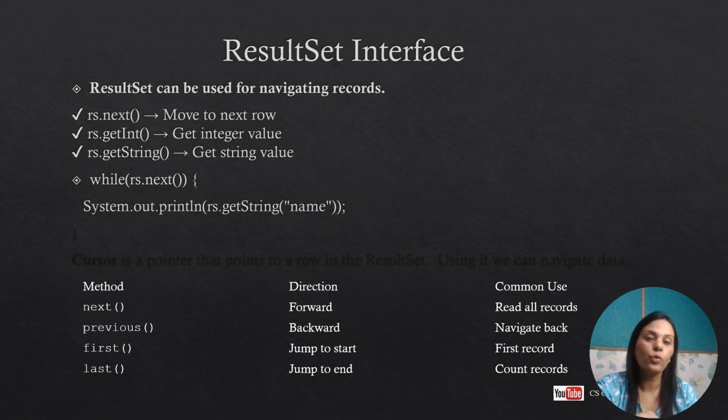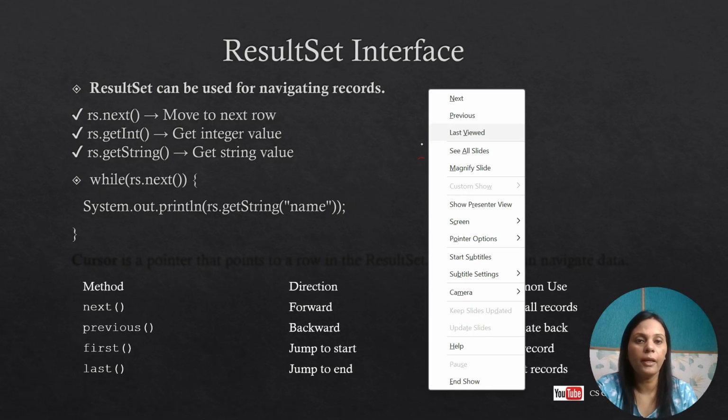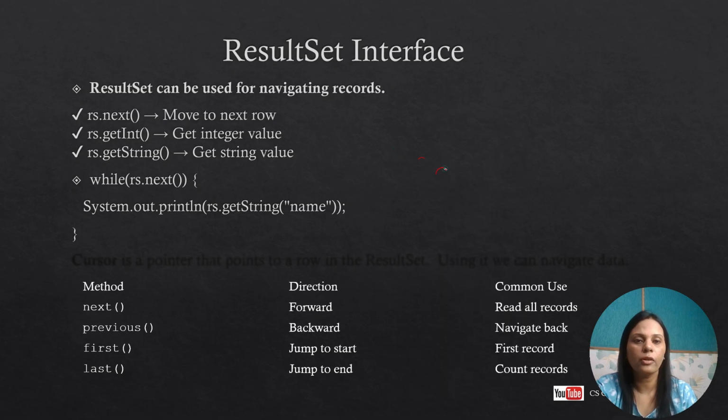Now guys, another use of result set: if you want to retrieve any particular value from your table, you can use the rs dot get triple x method. Why am I calling it get triple x? Because this triple x can be replaced by the data type of your column. So get int, get string, get double, get float, get char, and so on.